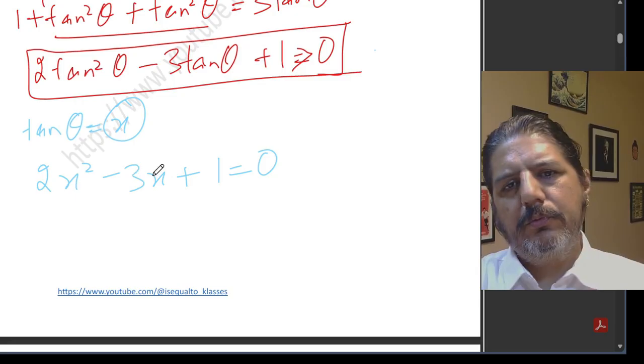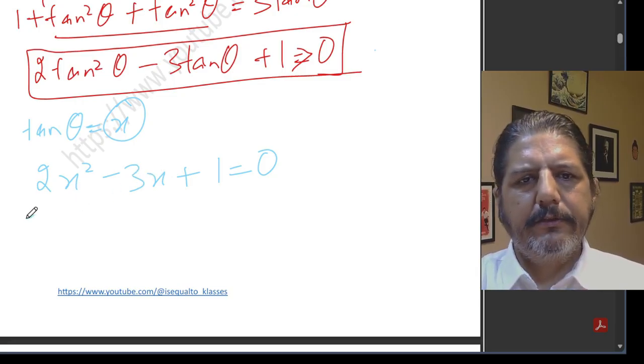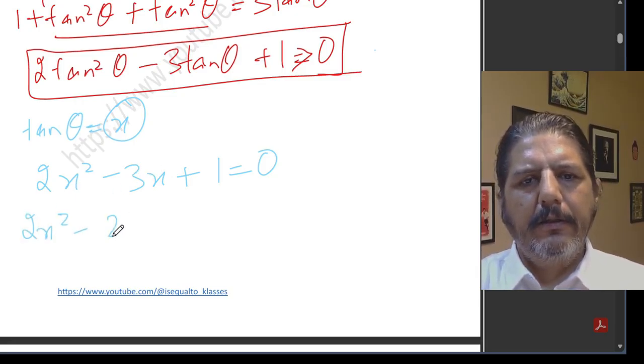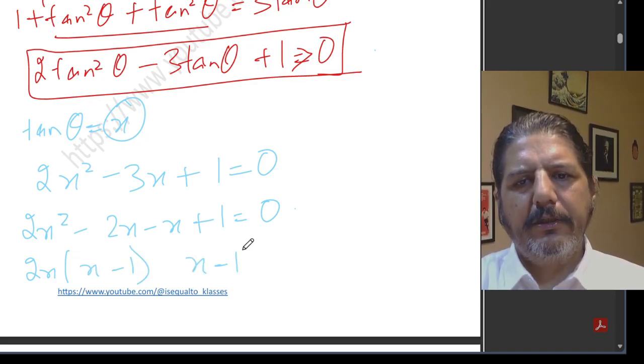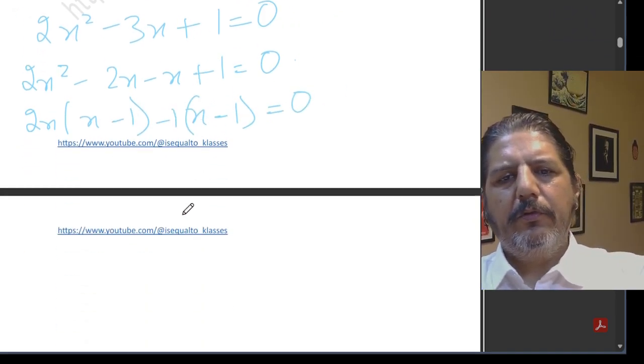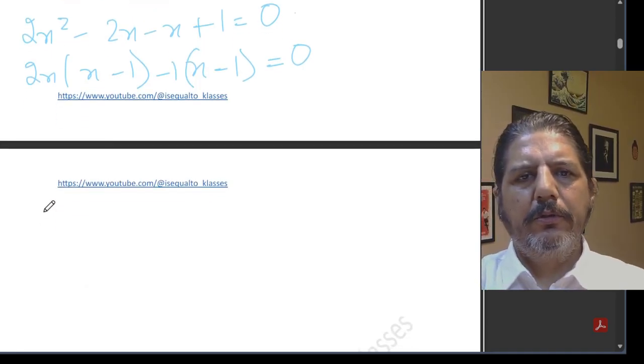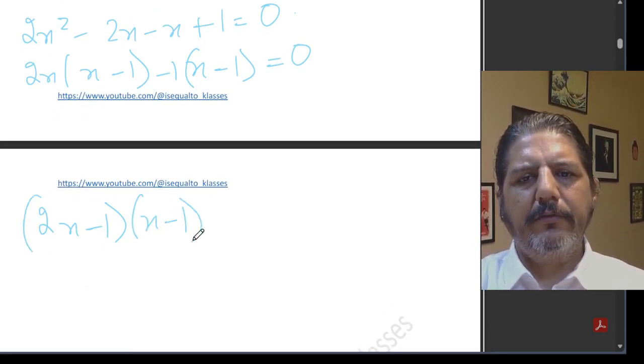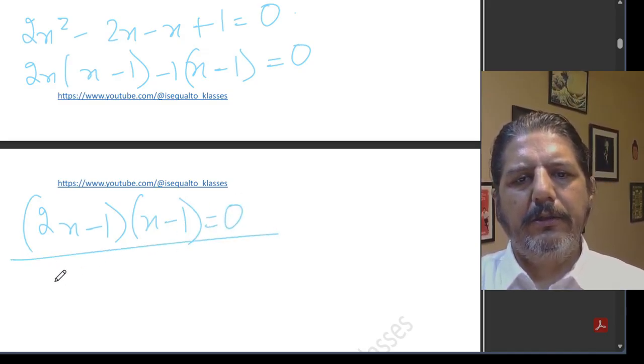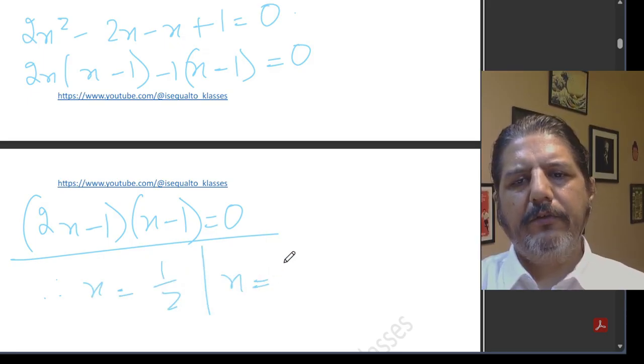So I can write this as 2x square minus 2x minus x plus 1 is equal to 0. 2x is common: 2x into x minus 1 minus 1 times x minus 1 equal to 0. This will be equal to 2x minus 1 and x minus 1 is equal to 0. Therefore, x is equal to half or x is equal to 1.